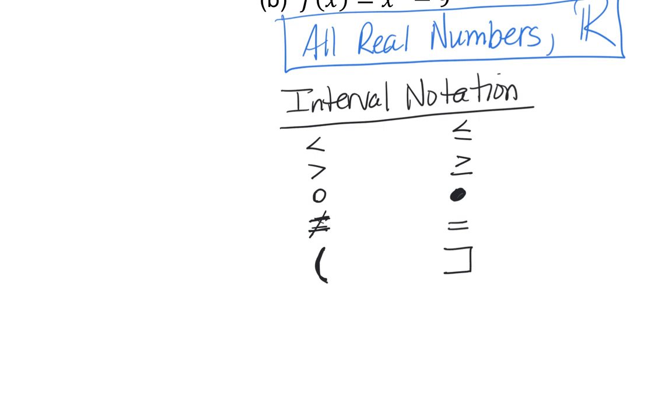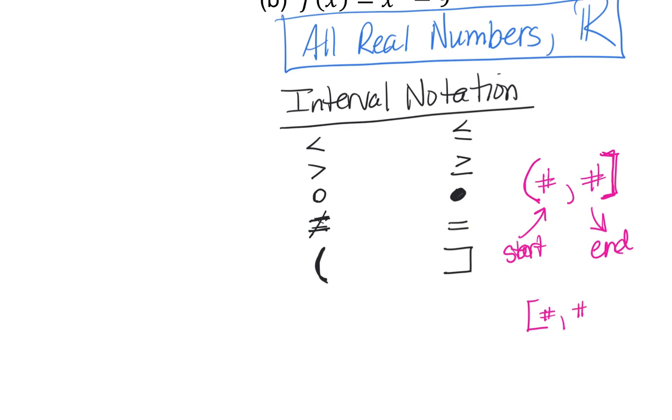So like if you've got, so you're starting here and you're ending here. So a parenthesis means it cannot be equal to that number. Brackets mean it can be equal to that number. All right, you could even have this, which means it can be equal to the start and the finish.